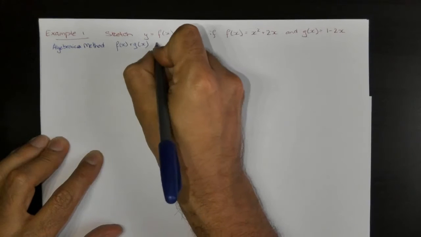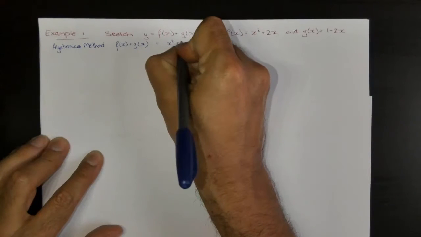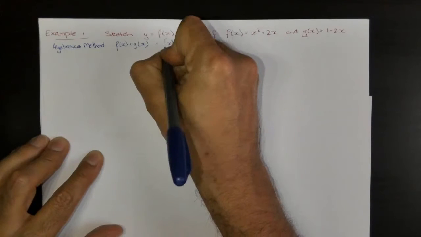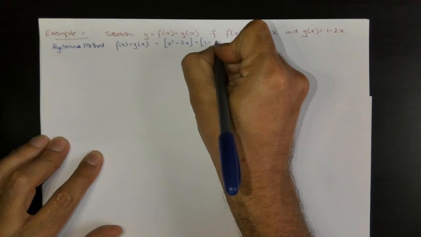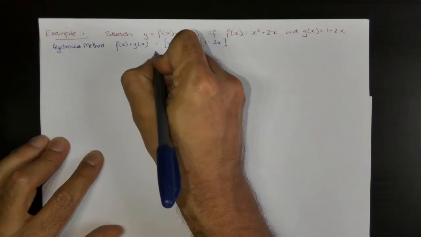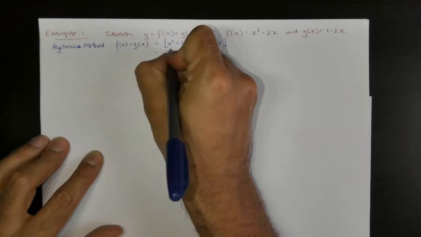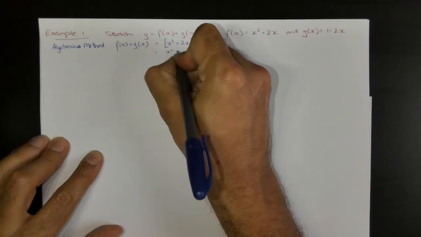So x squared plus 2x, that's your f of x, and we're going to add 1 minus 2x. Combine like terms, we get x squared, 2x minus 2x cancel each other out, plus 1.